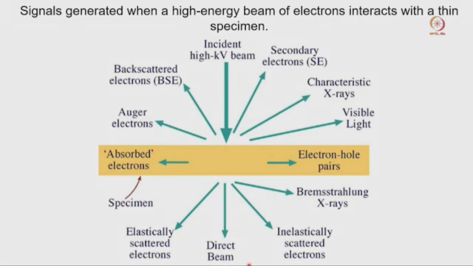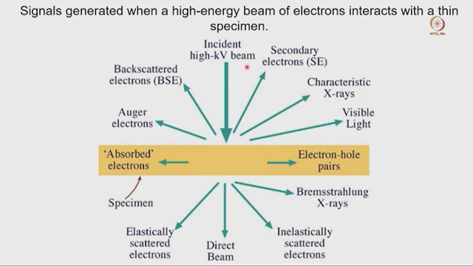When it is transmitted, there are two possibilities. It may interact with some atom of the molecule and lose its energy, and then it will be an inelastically scattered electron. The other way, if there is no such interaction, only a deviation of its path, there will be an elastically scattered electron.